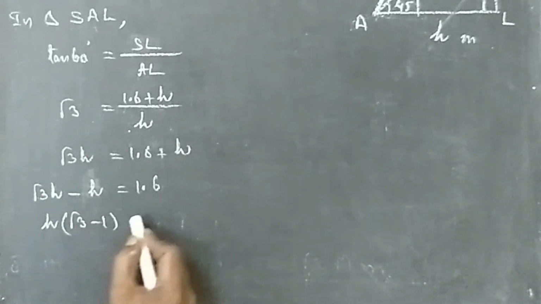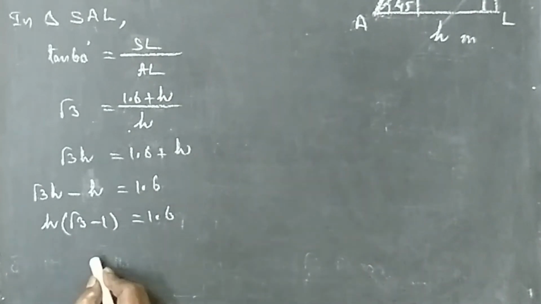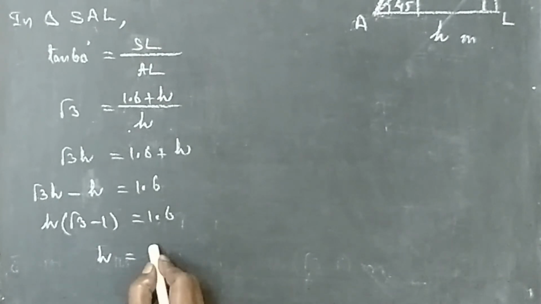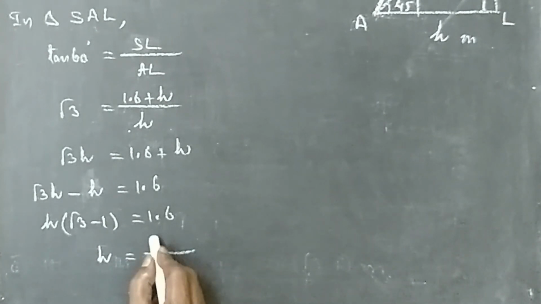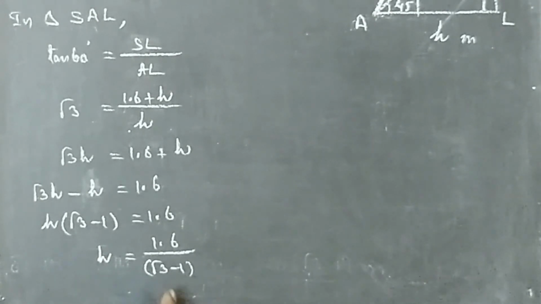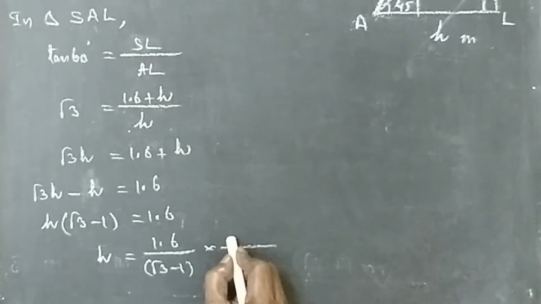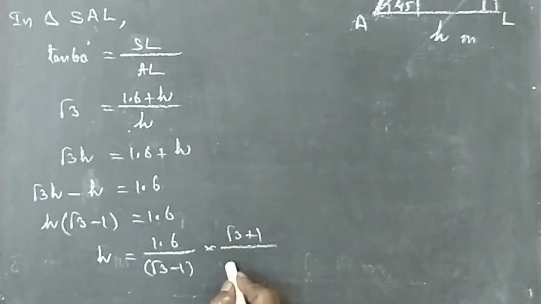Root 3 minus 1 is equal to 1.6. And H is equal to 1.6 by root 3 minus 1. Now rationalize this number, therefore multiply it by the conjugate, root 3 plus 1 by root 3 plus 1.